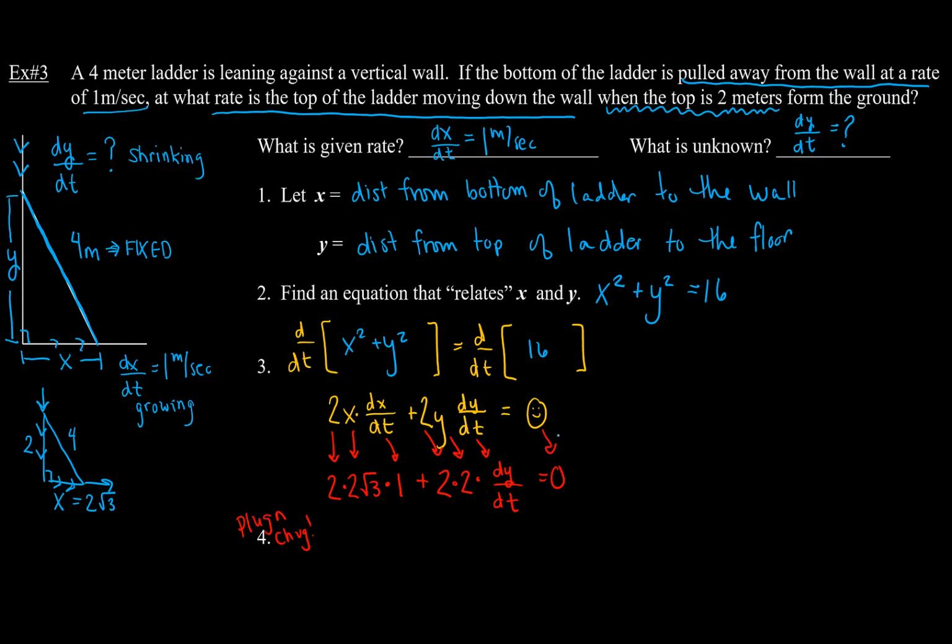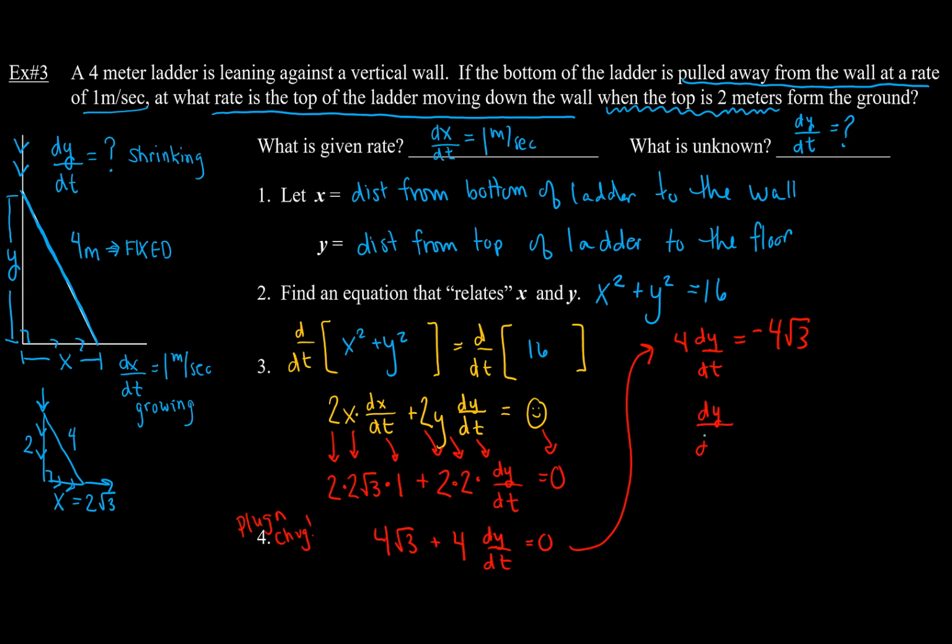All right, well, this is a great situation. I'm just going to simplify, and see that this is perfectly set up for me to solve for dy/dt. So first I'm going to subtract the 4 square roots of 3 from both sides.